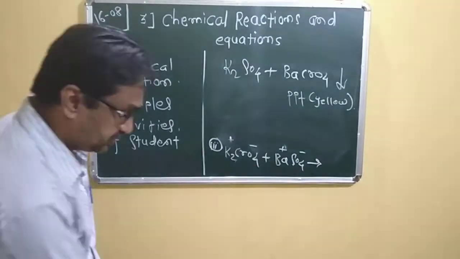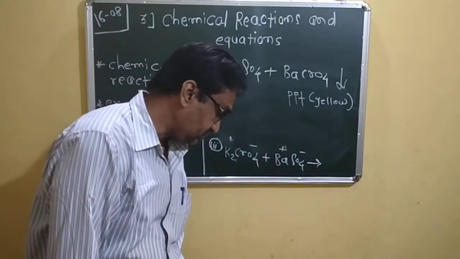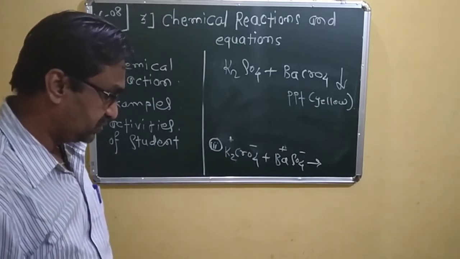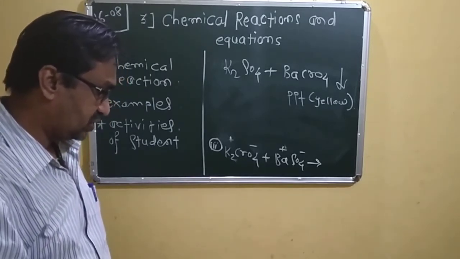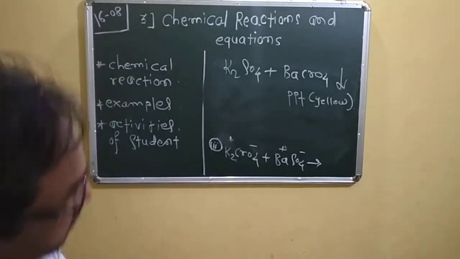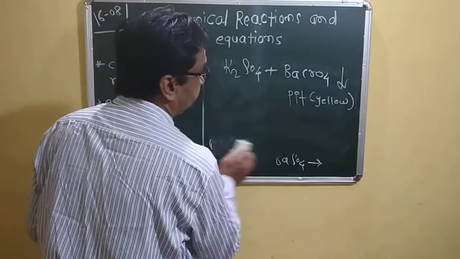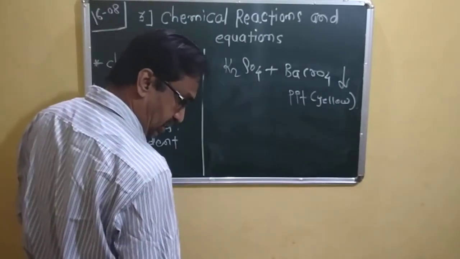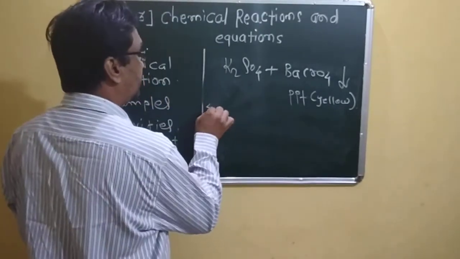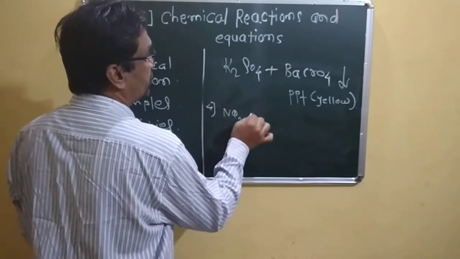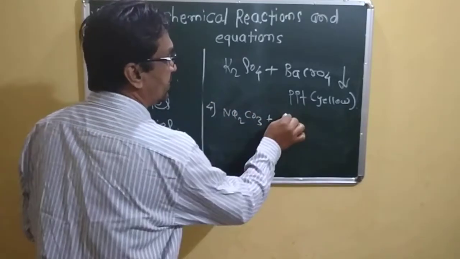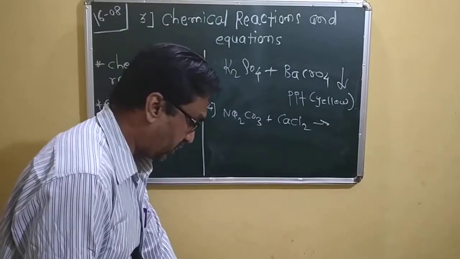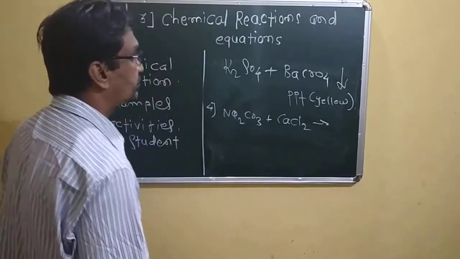And after that, what is the fourth reaction? Add sodium carbonate solution, that is Na2CO3, to calcium chloride solution.